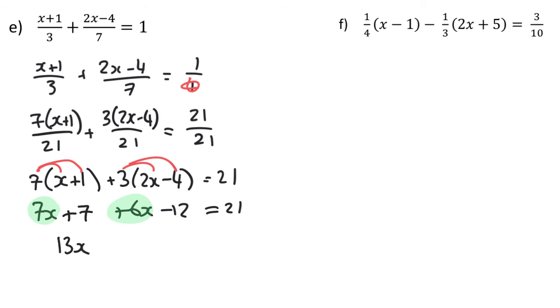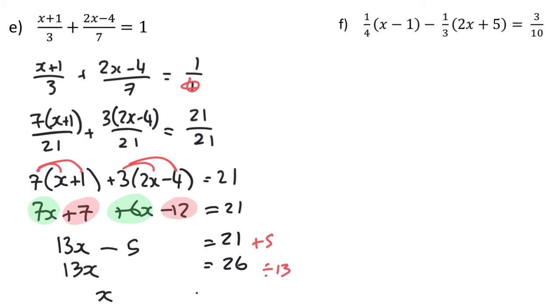And we've got 7 minus 12. 7 take away 12 is minus 5. And that equals 21. 13x minus 5 equals 21, so we need to add 5 to both sides, and we get 13x equals 26. And then divide by 13, and we get that x is equal to 2.